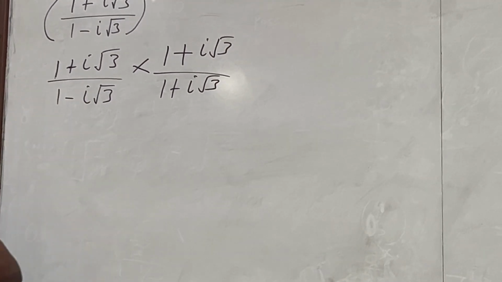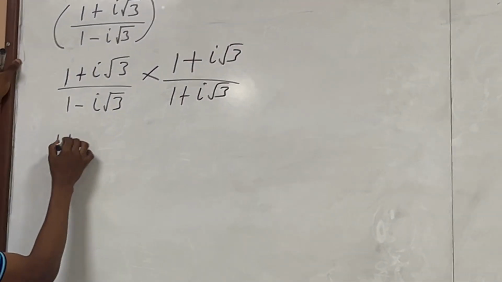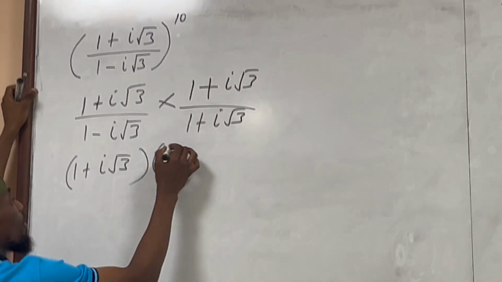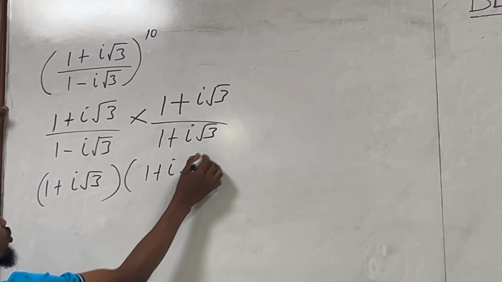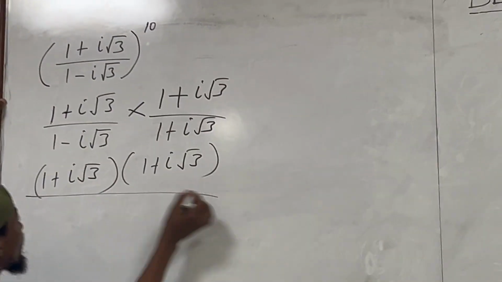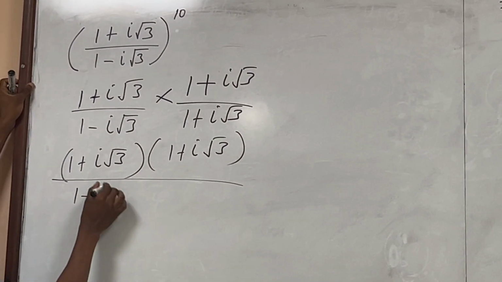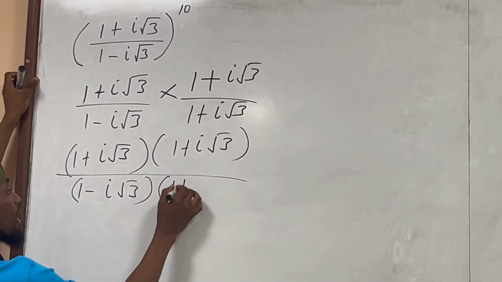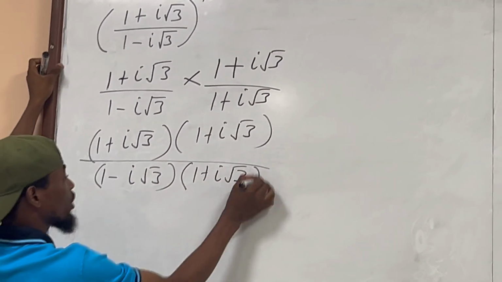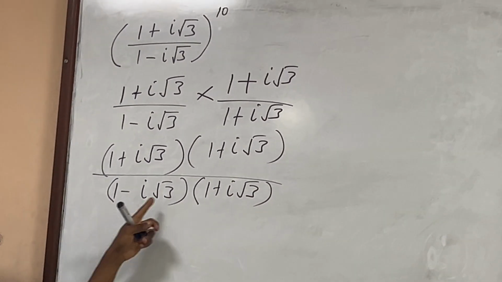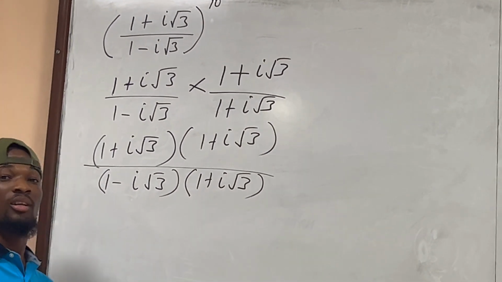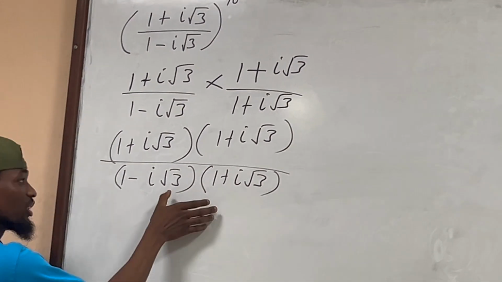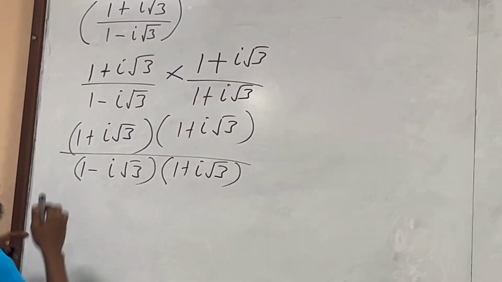So I have (1 + i√3) multiplying (1 + i√3) all over (1 − i√3) multiplying (1 + i√3). You can decide to use difference of two squares to get your answer quickly, but let's follow the formalities.